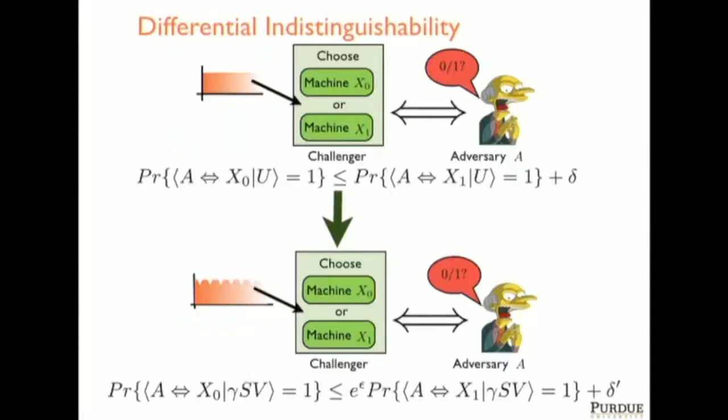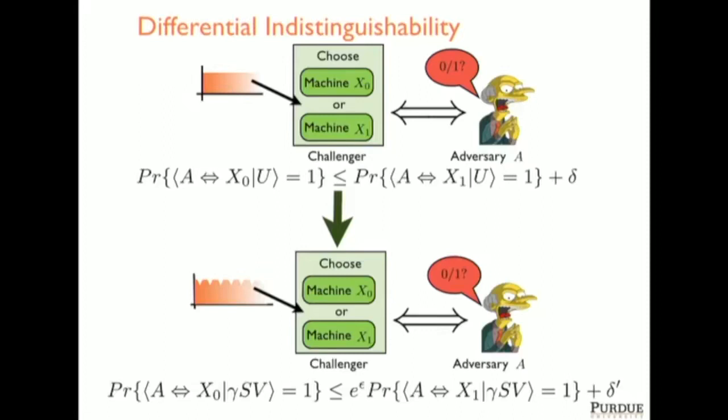So what we basically show is, as I'm showing in 2 examples, on the top I'm showing our standard definition that we saw earlier. Let's say it's a game between a challenger and an adversary, where the adversary has to determine whether it is communicating with machine 0 or machine 1, x0 or x1 as I'm showing there.